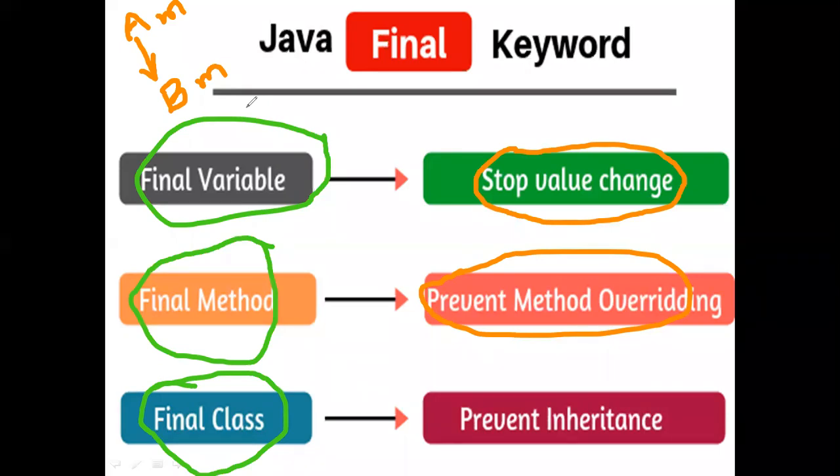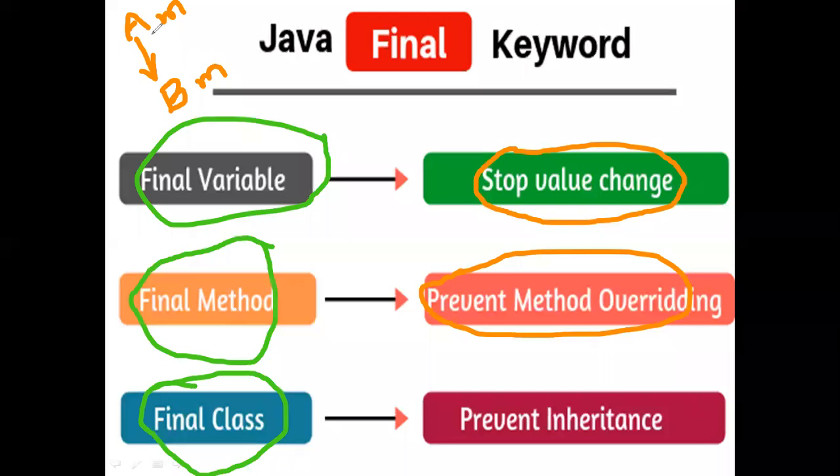So there are two classes, A and B, where B is inherited from A, and inside class A we have a method M, and inside class B we also have a method M. So it is called method overriding.